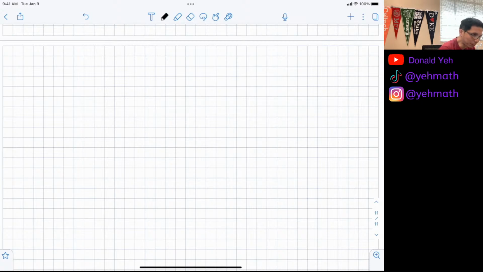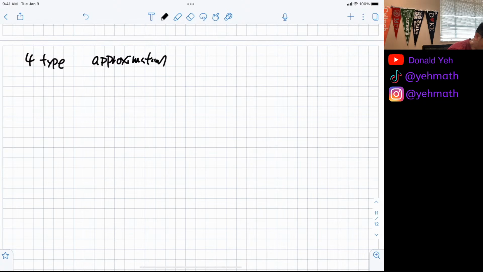So there are 4 types of approximation. Actually, there's 5, but we don't need to deal with Simpson's rule. One is the right endpoint Riemann sum, and one is left.